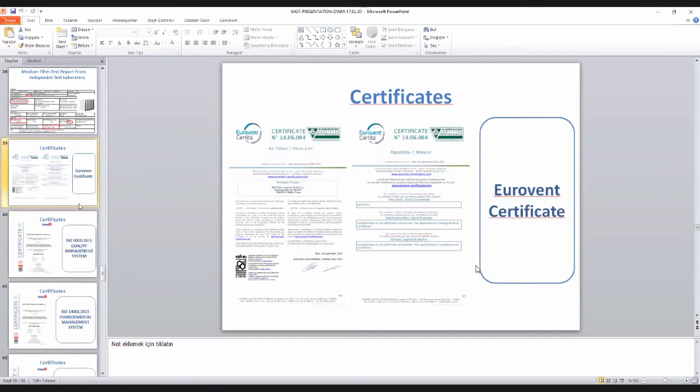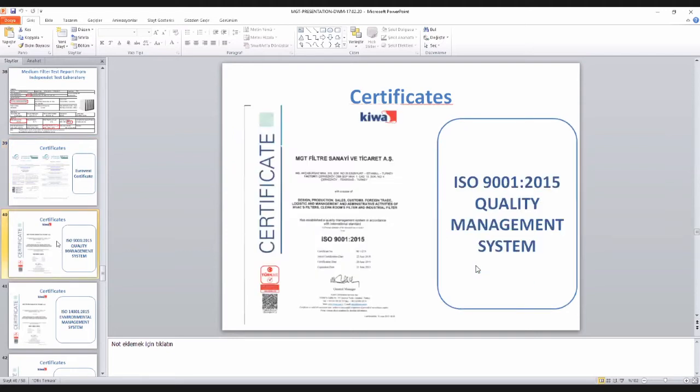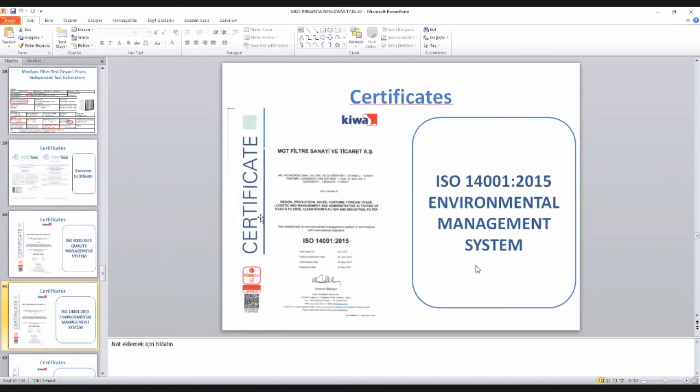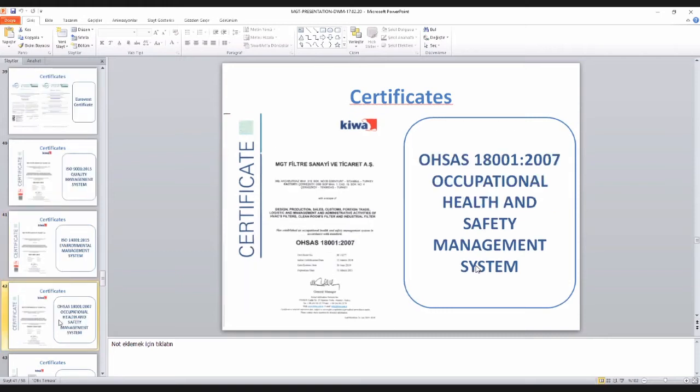We told you that we have the UN certificate and the other certificate, which is ISO 9001:2015 with the quality management system. Our company is already oriented with the system. And the other one is ISO 14001:2015 environmental management system. All of them are about the safety and the production quality.